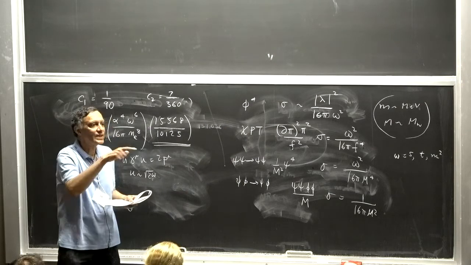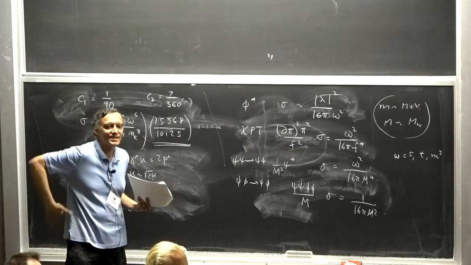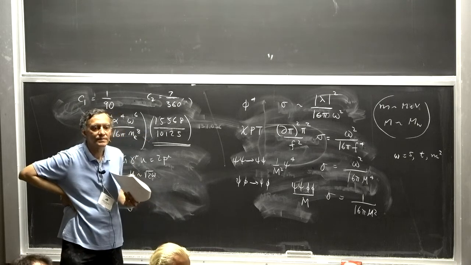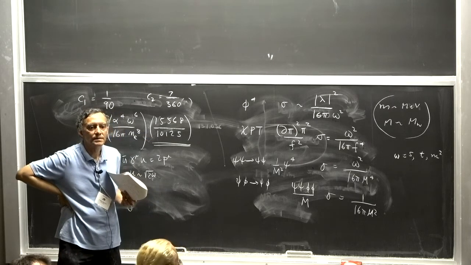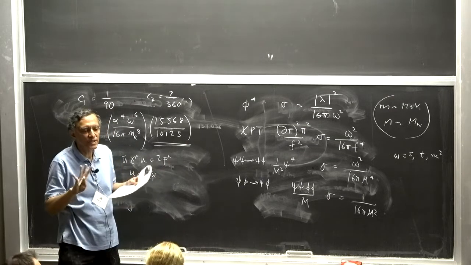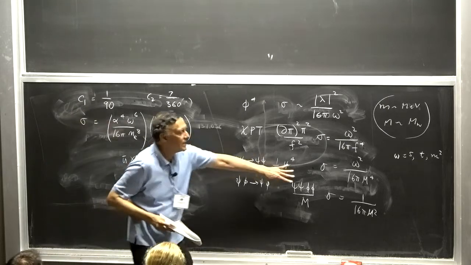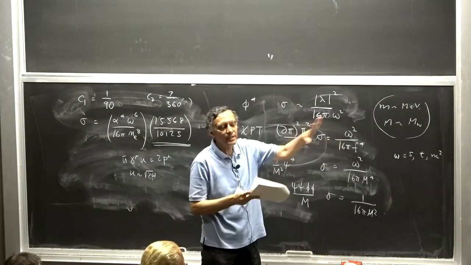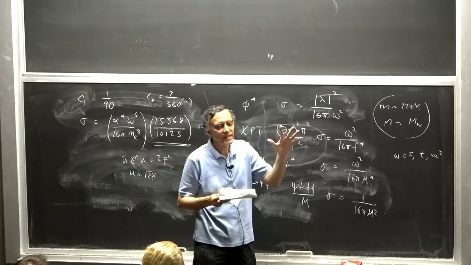Hold on. OK, I'll let him start, and then you next. Yeah. Does it change if you have a third scale? Like suppose the mass of your fermion is very much smaller than your omega. Yeah, so we're dealing with two-scale theories where there's some high scale integrated out and then some low scale. If you have multiple low scales, then you can repeat the EFT process.